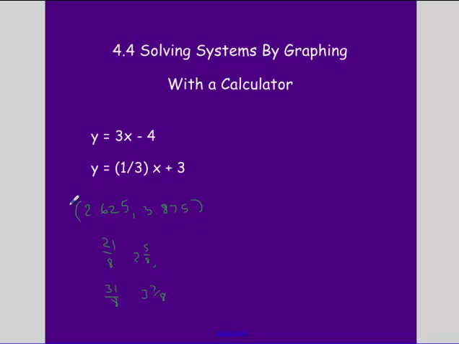So my answer as a decimal, the point 2.625, comma 3.875, and as fractions 2 and 5/8, comma 3 and 7/8. Imagine trying to get that by hand with this amount of accuracy. That's what the calculator is good for.